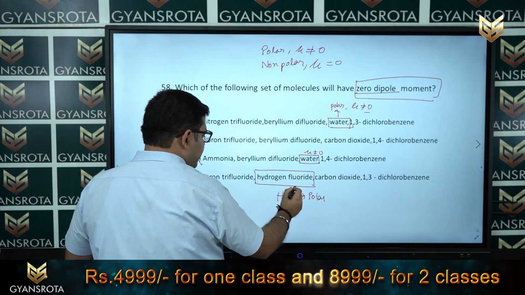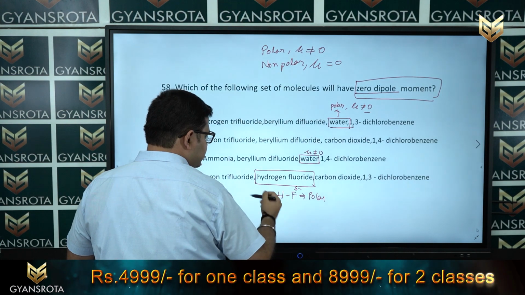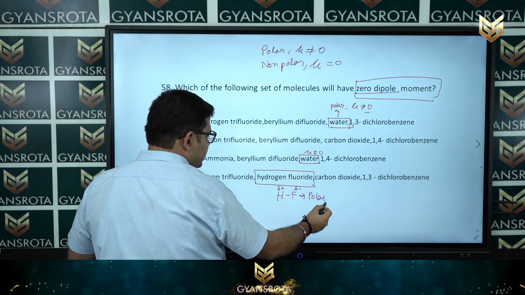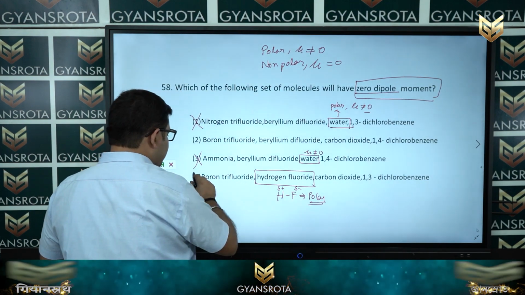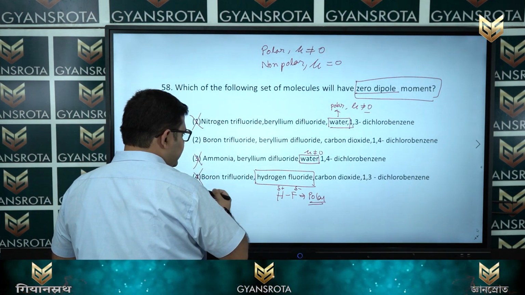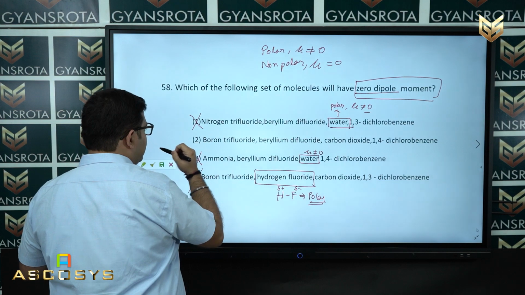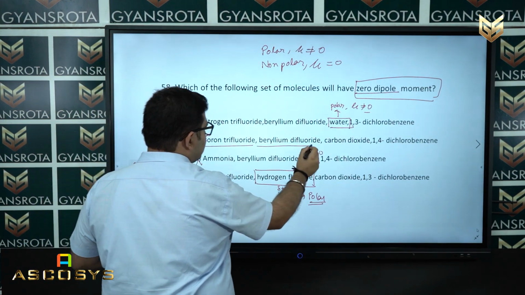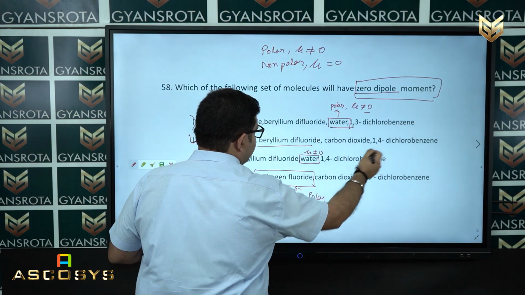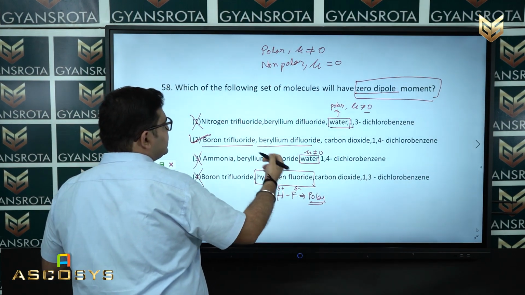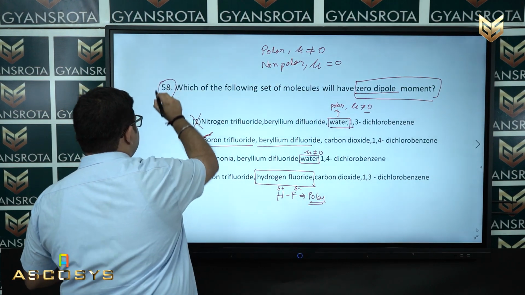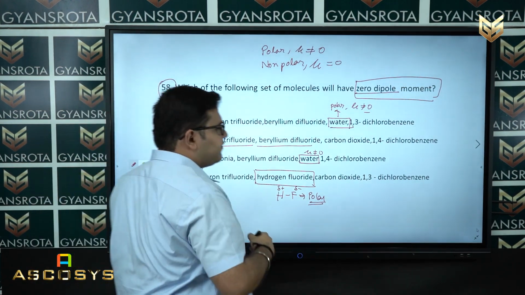Why? Because here delta negative will be generated and here delta positive. So, it is a polar molecule. So, option number 4 is again canceled out. So, we are left with only one option, that is option number 2, where all the compounds given here show a zero dipole moment. So, option number 2 is the correct answer of your question number 58.